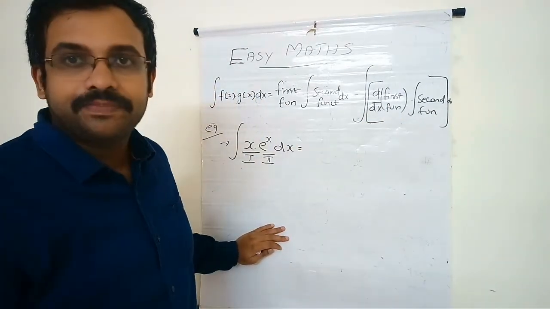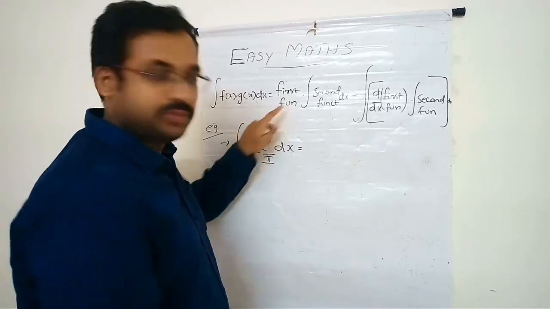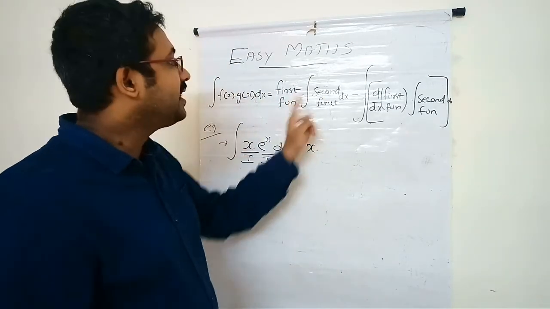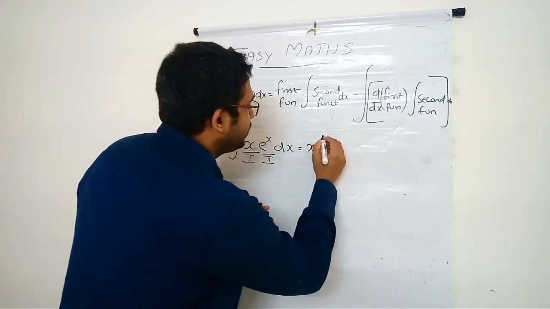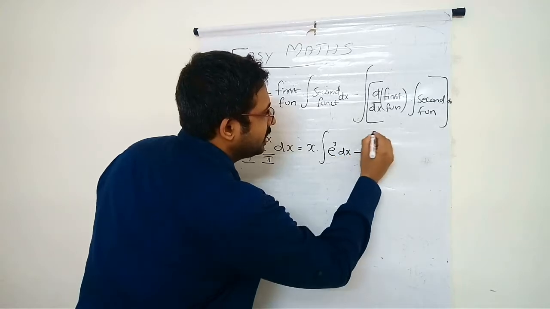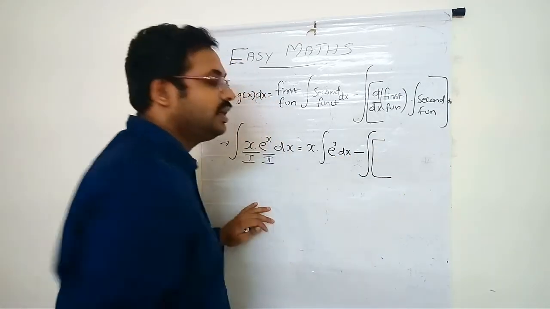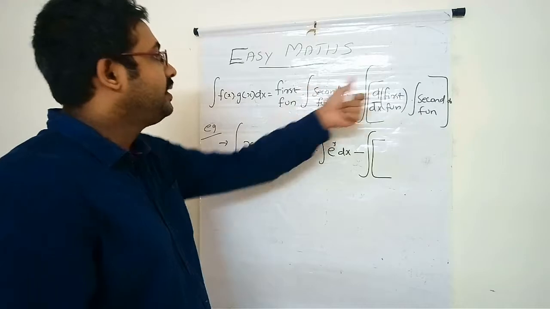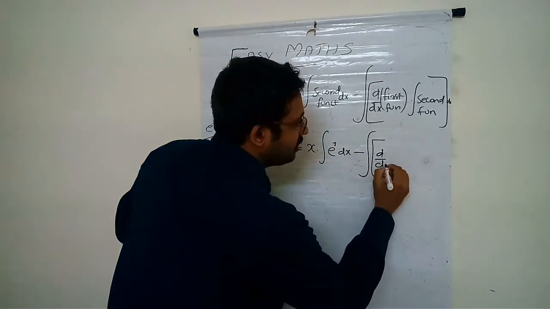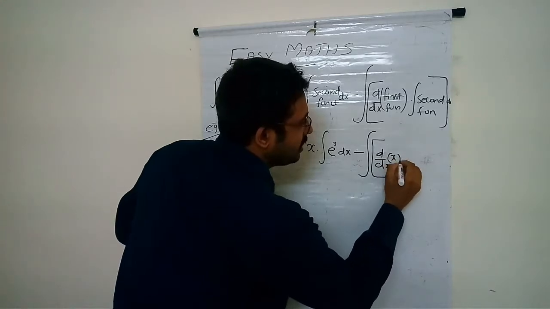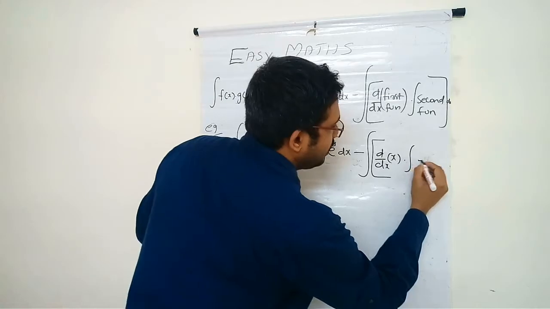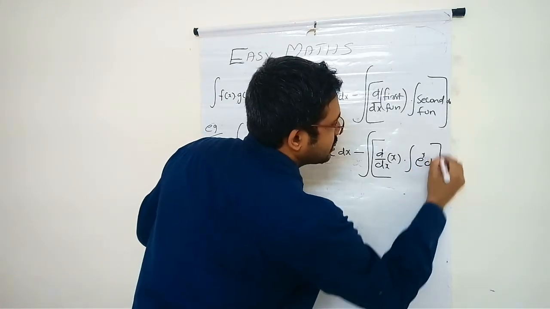So how can we apply it? First function into integral of second function. Here the first function is x. What is the second function here? e raised to x. So integral of e raised to x dx minus integral of, in bracket, derivative of first function, d by dx of x, into integral of second function, integral e raised to x dx.